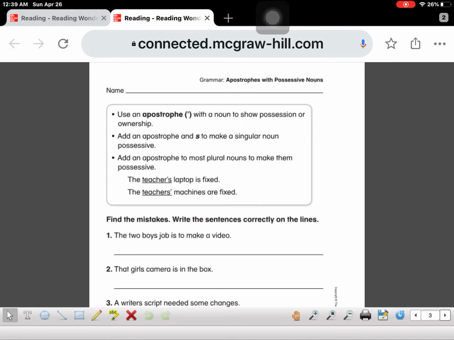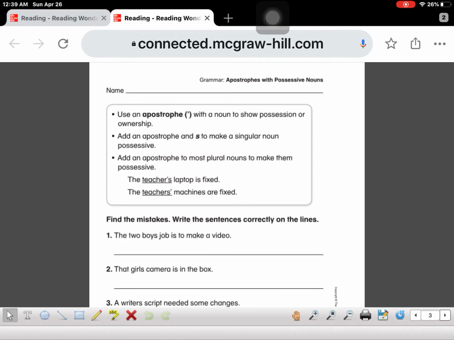Looks like a little dot in the air with a tail. Okay, so use an apostrophe with a noun to show possession or ownership. Next, add an apostrophe and S to make a singular noun possessive. And the next one, add an apostrophe to most plural nouns to make them possessive.